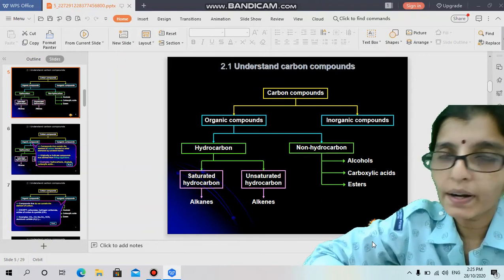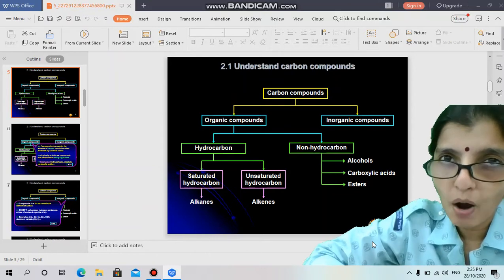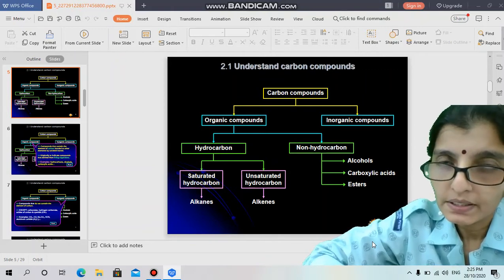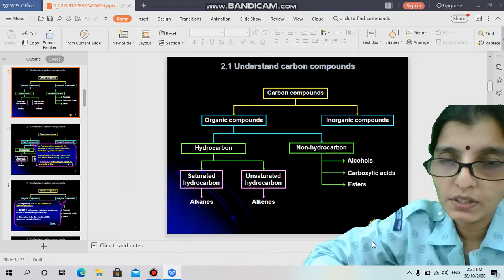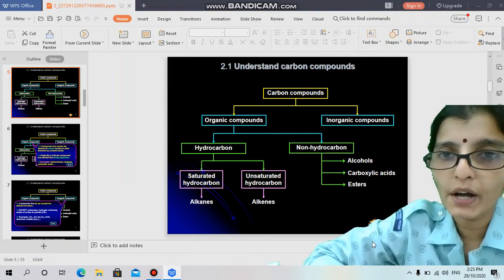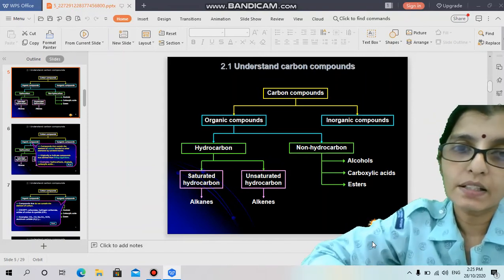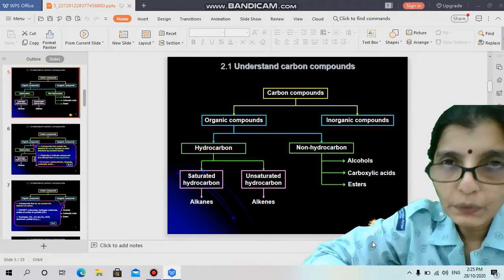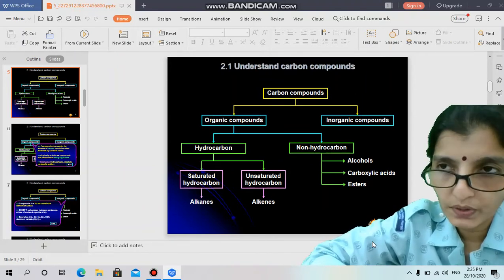Whichever carbon compounds consist of not only carbon and hydrogen are called non-hydrocarbons. Now, hydrocarbon consists of two types, which are saturated hydrocarbon and unsaturated hydrocarbon.